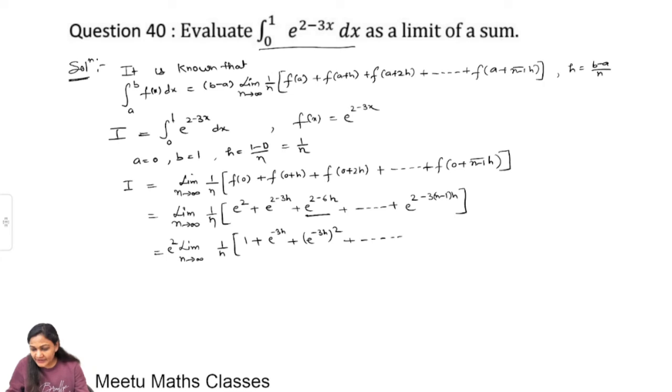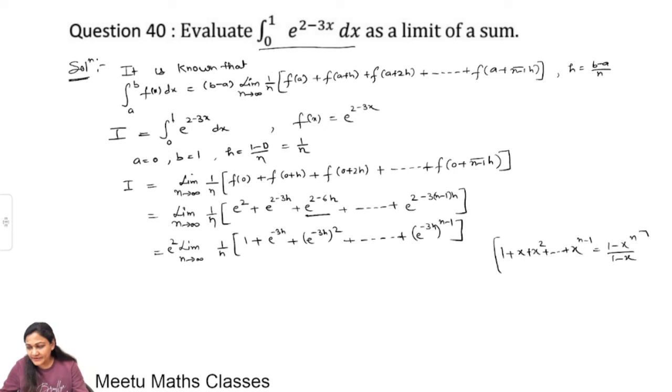And similarly here, you are left with e raised to power minus 3 into n minus 1 h, so you can write minus 3h raised to power n minus 1 here. And now we know a property that 1 plus x plus x square plus so on x raised to power n minus 1 can be written as 1 minus x raised to power n upon 1 minus x.